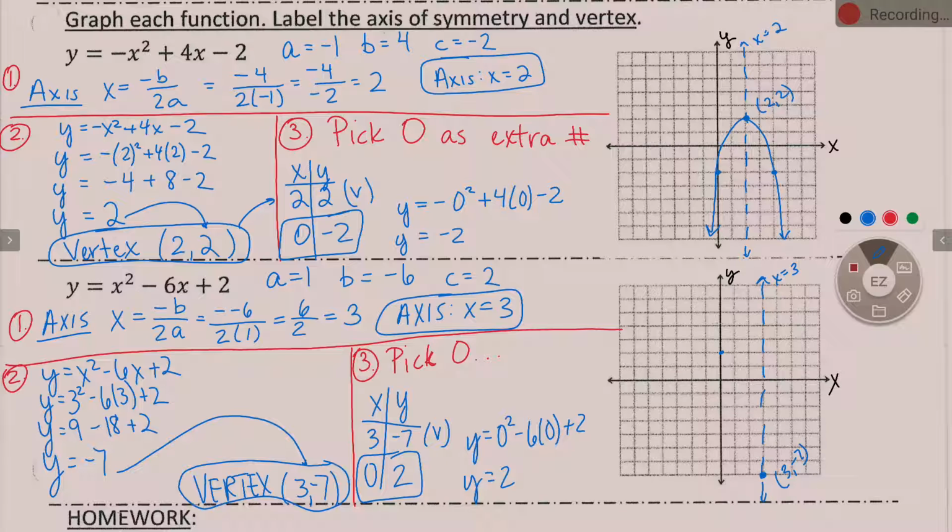I need one more point to graph this. Mirror it, good word. Reflect it, mirror it. So this one, notice this time the point is 3 to the left. So we need an equivalent point that is 3 to the right.